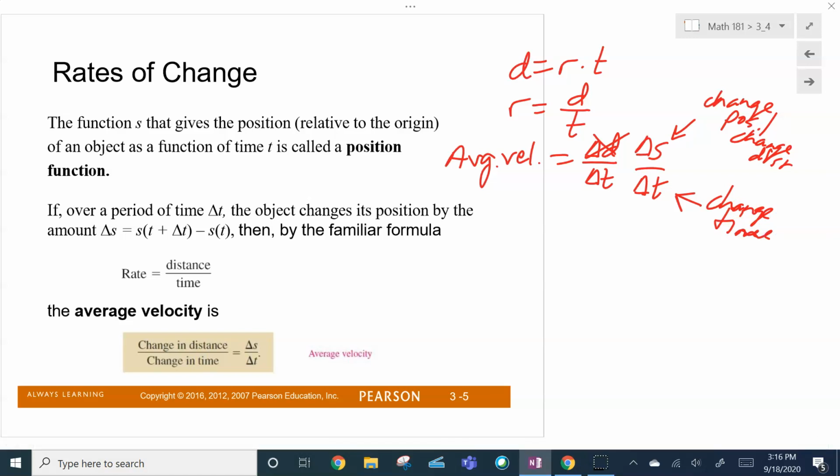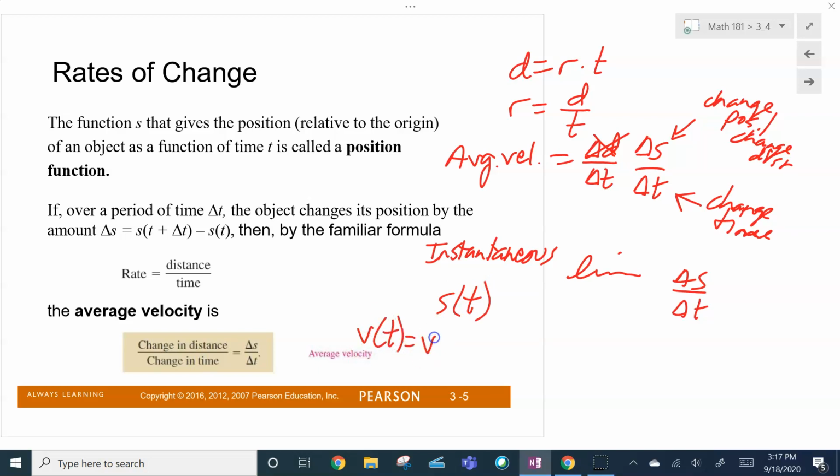So our instantaneous velocity would then be if we run the limiting process on that change in position over change in time. If you know position, the derivative of your position would then be your velocity.